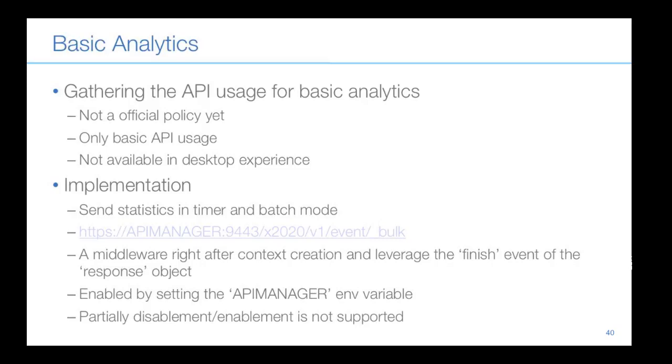Currently, we are not able to partially turn on or turn off the basic analytic functions. So once you start micro gateway in the management node, this feature is turned on, and you are not able to turn it off. But it only publishes the basic statistics.